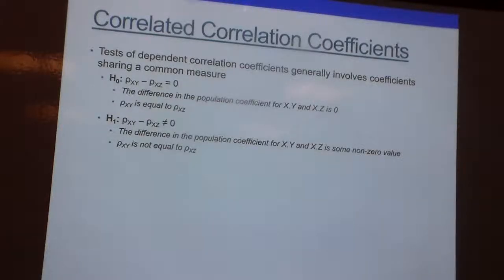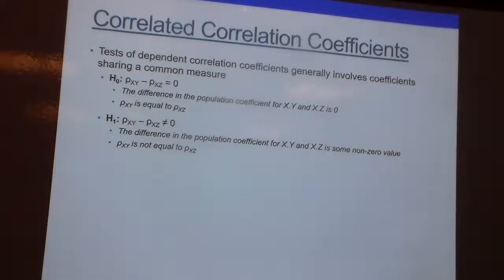What do you think, Katie? Is it because you expect some shared variance between PTSD and the interest? Yeah, so I'm expecting some shared variance, but I've got a common measure in here, right? So X is in both of these.